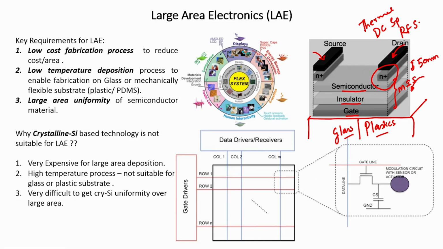So by doing this over large areas and at low temperatures, one develops larger electronic systems for these various applications. Now the problem of using these kinds of low temperature processes is that we often end up with semiconductors that are not crystalline.